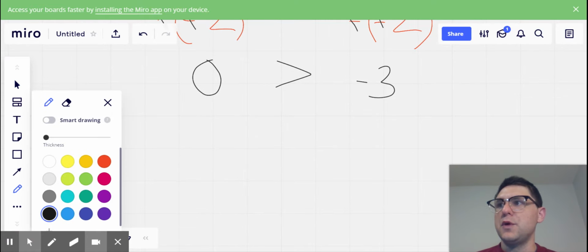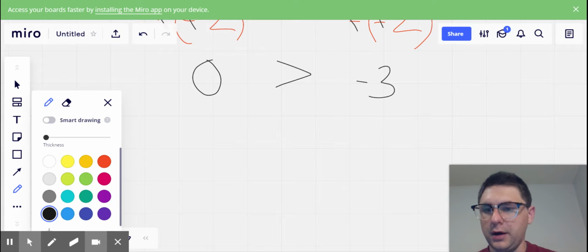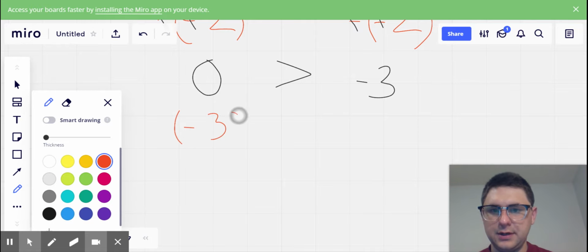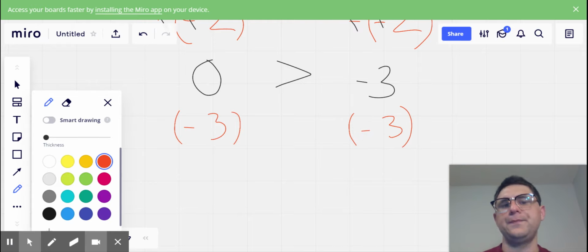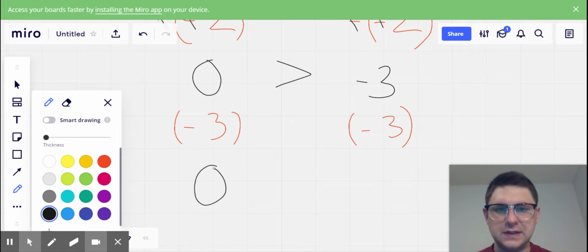Part C says multiply each number by -3 and write a true inequality statement. So our instructions are to multiply each one by -3. 0 times -3, of course you know anything times 0 is 0, so that stays the same.